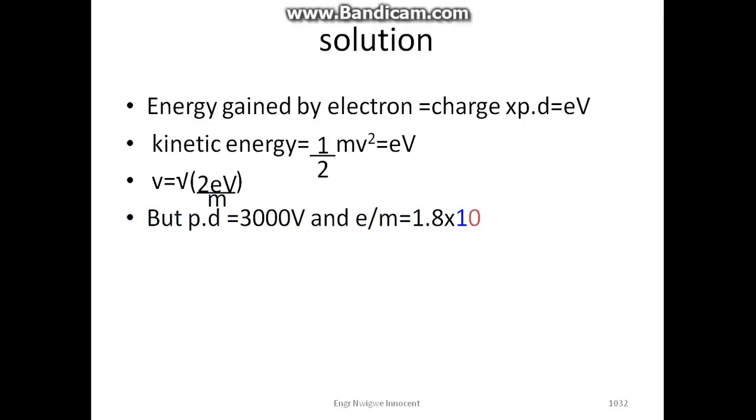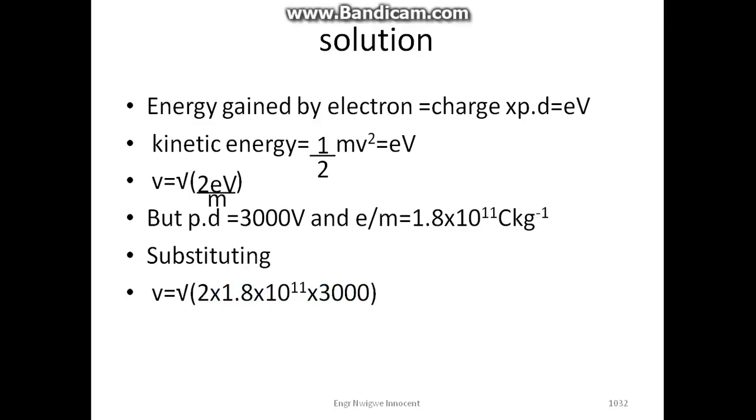But the potential difference is 3000 volts, and e over m is equal to 1.8 times 10 raised to power 11 coulomb per kilogram. Substituting the values, v is equal to the square root of 2 times 1.8 times 10 raised to power 11 times 3000, which is equal to 3.3 times 10 raised to power 7 meters per second.